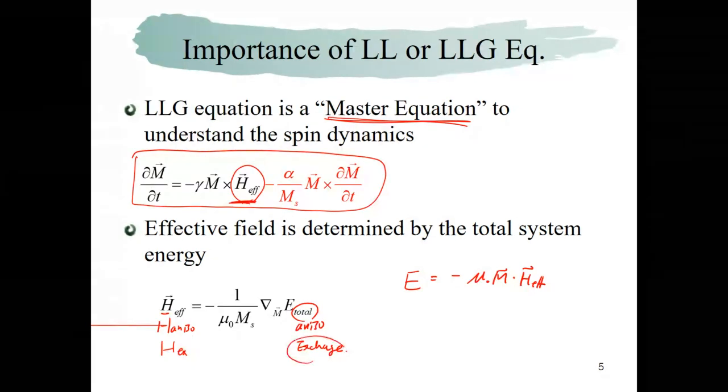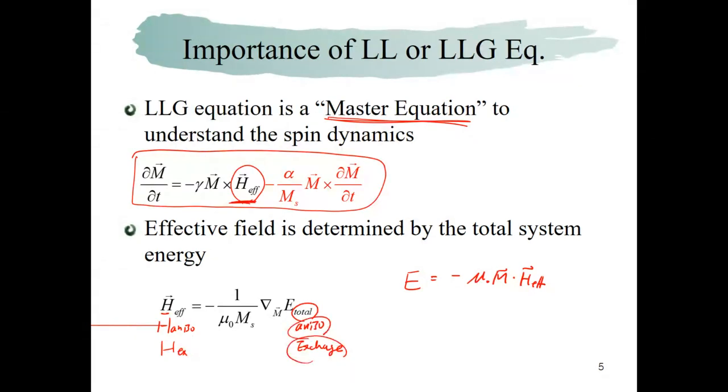So any kind of energy can be converted to an effective magnetic field. That implies we have some energy profile as a function of the magnetization direction. Please keep in mind, this is not the position, this is the direction of the magnetization. The energy depends on the magnetization direction.